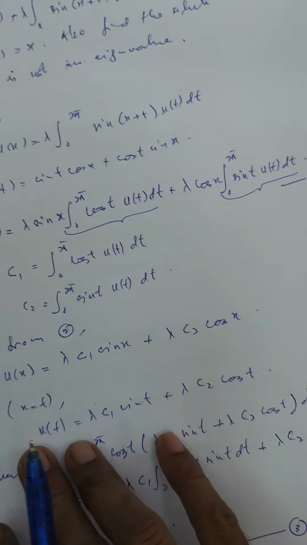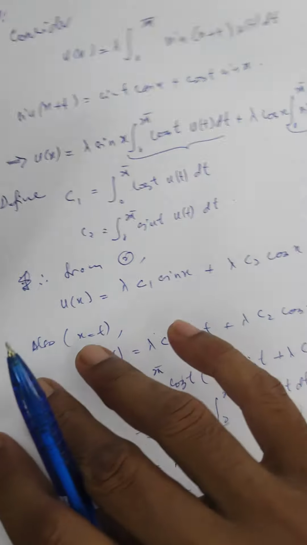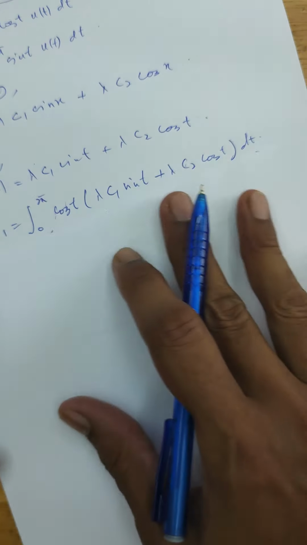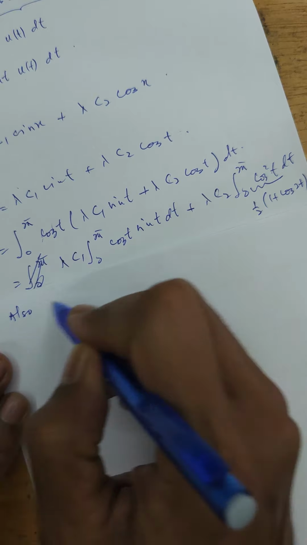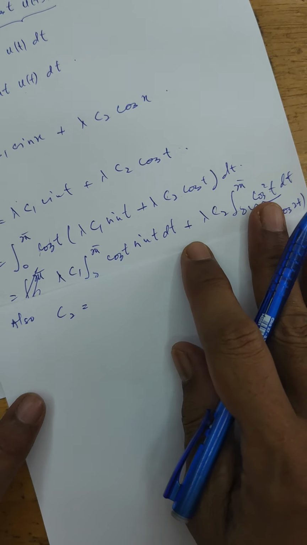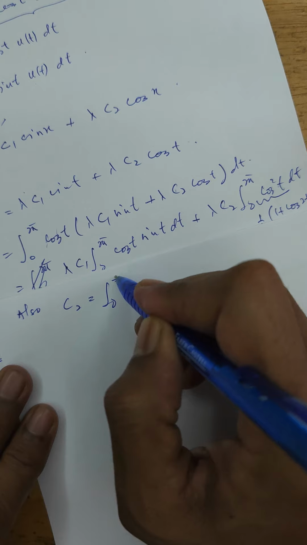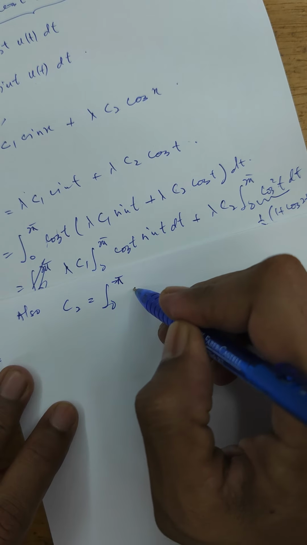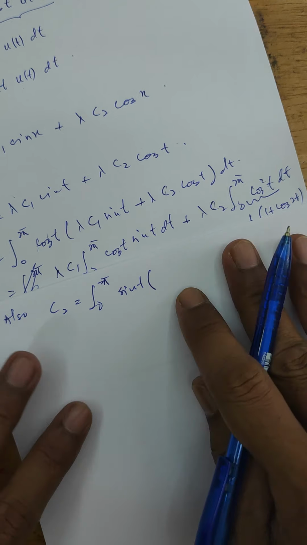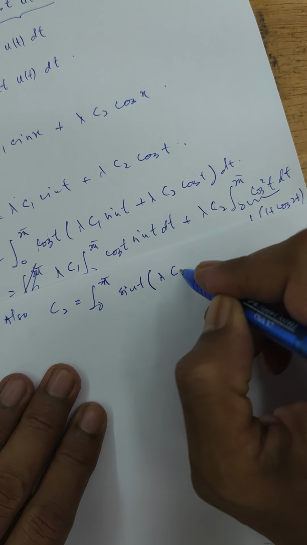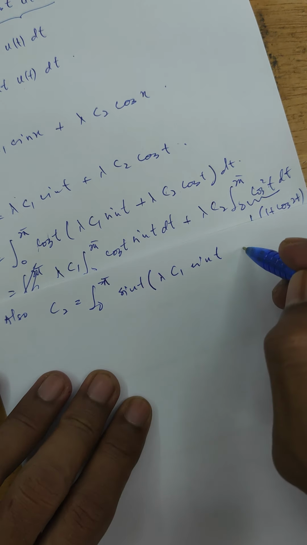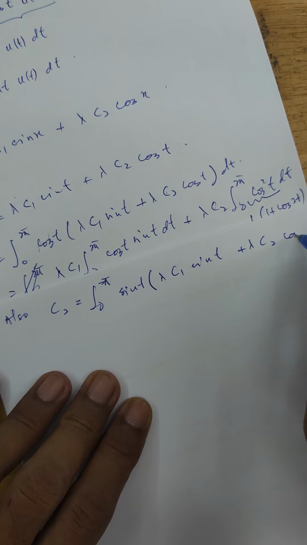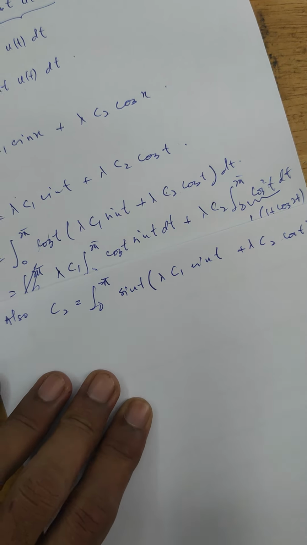Alright, and then we can do the same for c2. We substitute this u into c2. We obtain c2 equal to integrate 0 to 2 pi, so we have sin t, and everything inside u is lambda c1 sin t plus lambda c2 cos t dt.